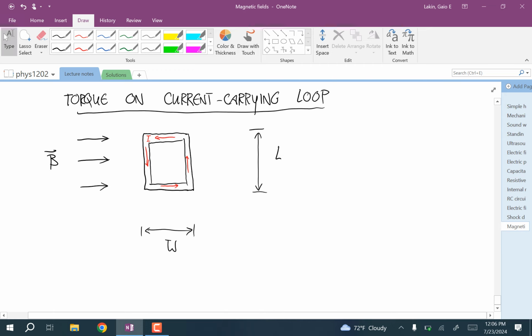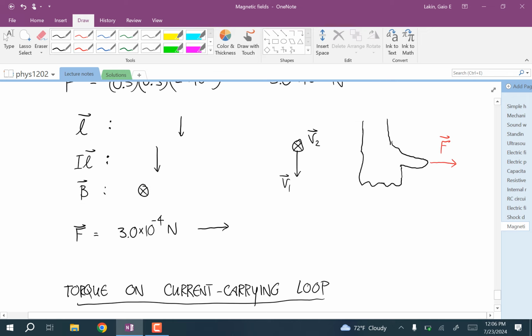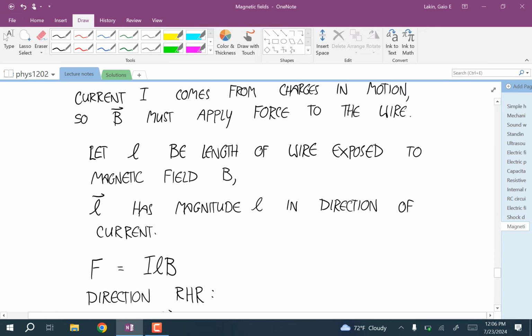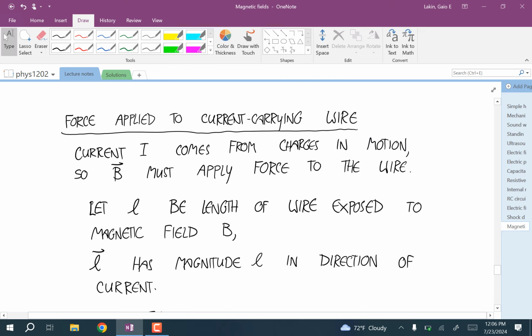And let's think about the forces that are going to be applied to the four sides of this. Okay, well, one thing that I should have mentioned here is that in order for the magnetic field to apply a force to a current carrying wire, the current has to be perpendicular to the magnetic field.